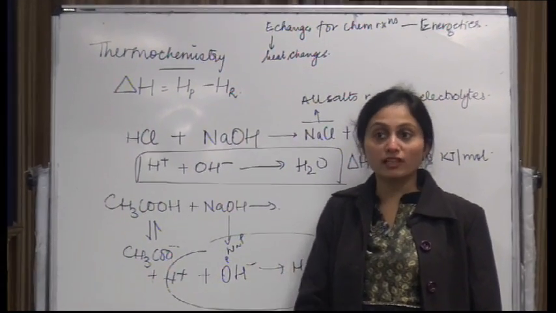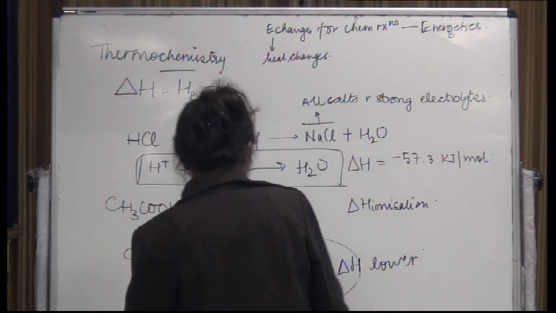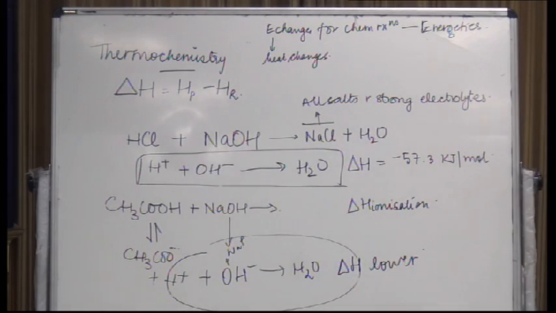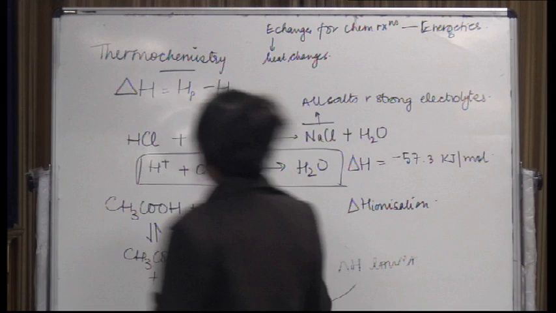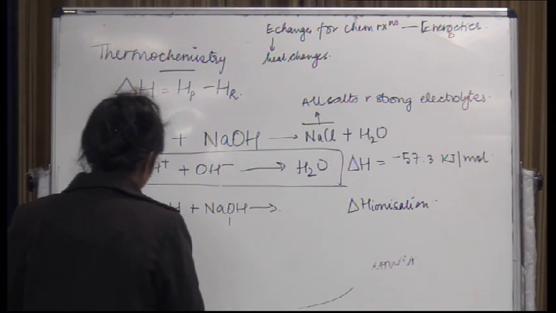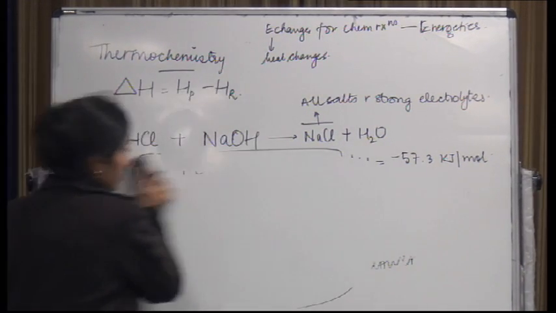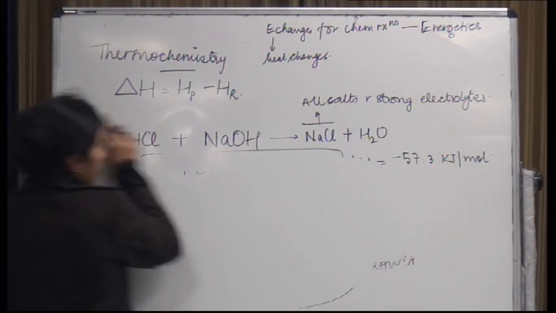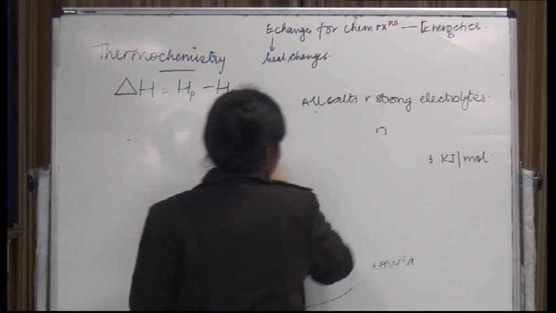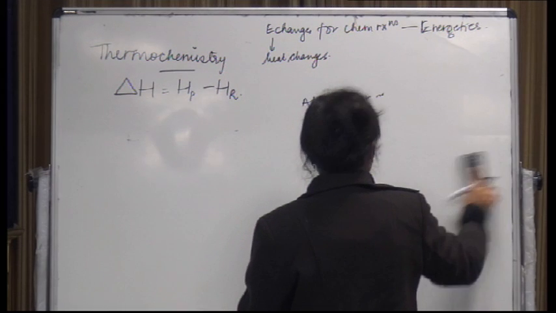So you get numericals based on it. Let me just see if I have jotted down one. Note down the question. Enthalpy of neutralization of HCl by NaOH is minus 57.3. This is the same reaction. Enthalpy of neutralization of HCl by NaOH is minus 57.3 kilojoules per mole.